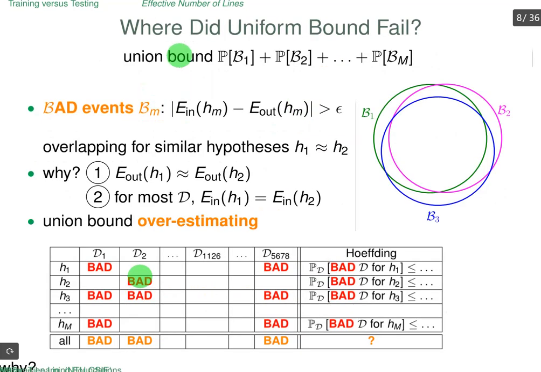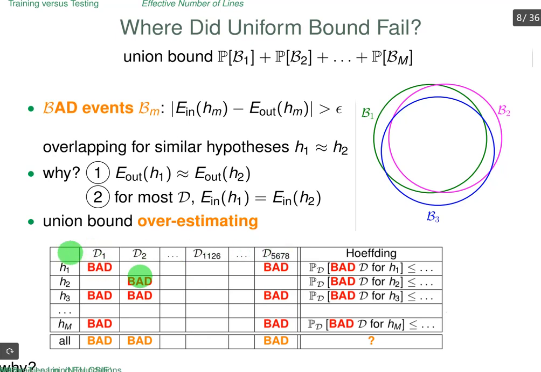Let's ask, where did the union bound fail in the first place? If you remember, we considered the union bound of all bad events, the probability of B1, B2, up to Bm. And I just placed this table from the previous lecture. What we see here is a bad data sample, right?